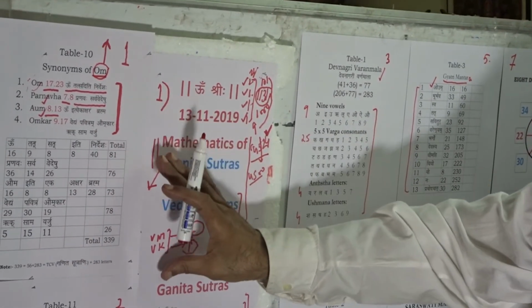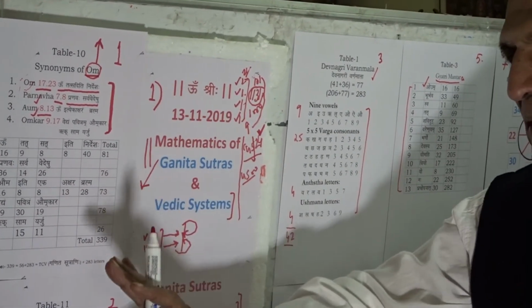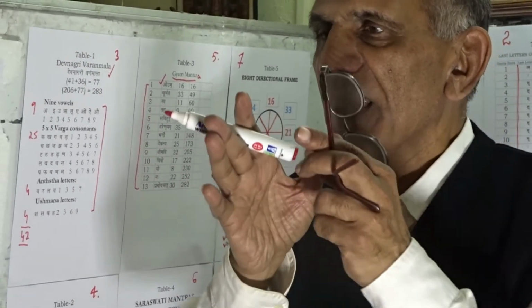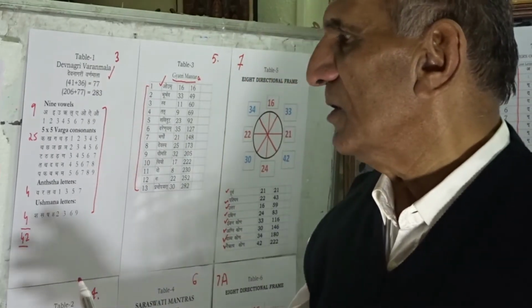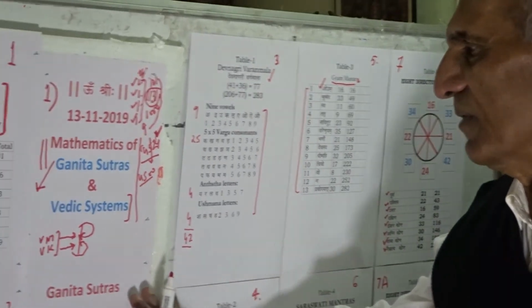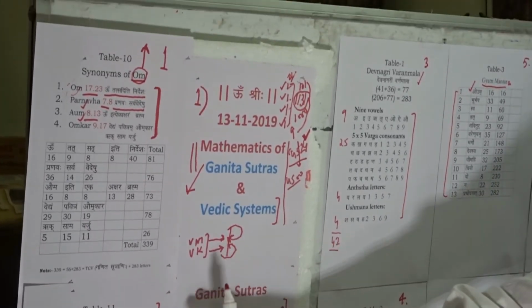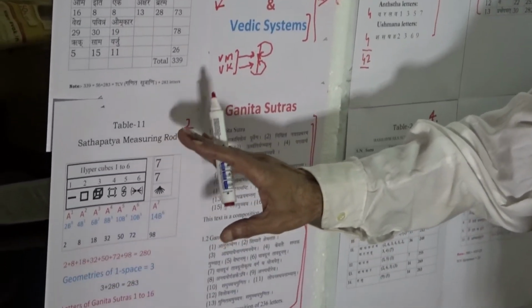And the second format in terms of which we can have a comparison for the values, features, and format of Ganita Sutras with the values, features, and format of Vedic systems is of a Sthapatya Meering Rod.